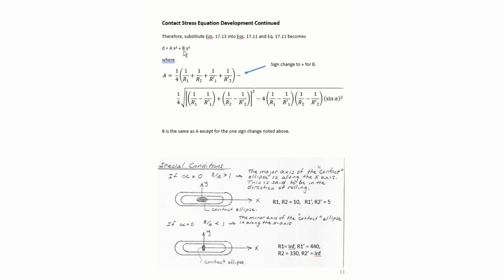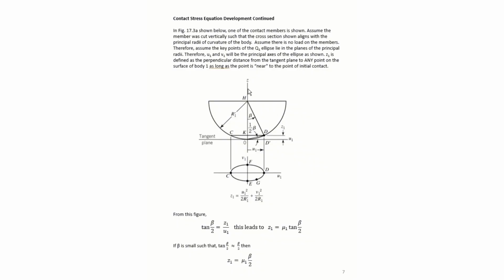If we want to compute B, the only difference is this is a plus sign for B. So we're going to see how we use this expression for D in a little bit, but the main takeaway that I want you to have is that A and B come from simple geometry analysis of our two undeformed bodies using this picture here that's 17.3a in your textbook.